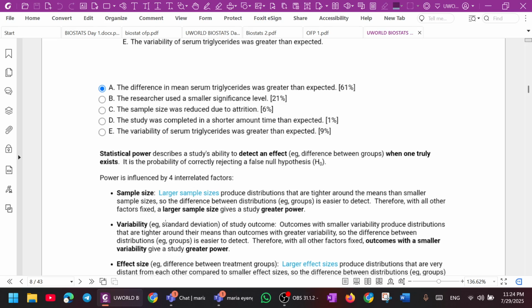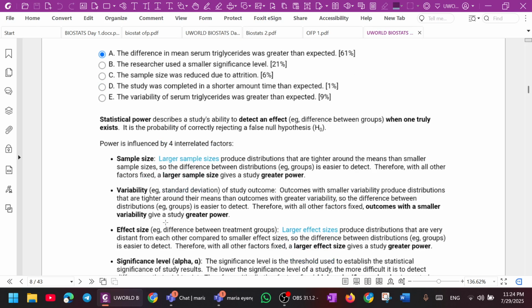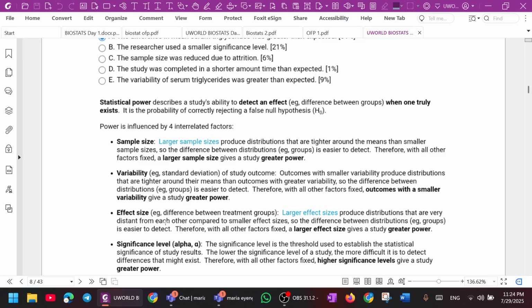Statistical power describes a study's ability to detect an effect, a difference between groups, when one truly exists. It is the probability of correctly rejecting a false null hypothesis. Power is influenced by four interrelated factors: sample size, variability, significance level and effect size.